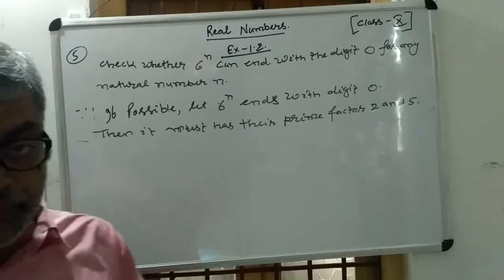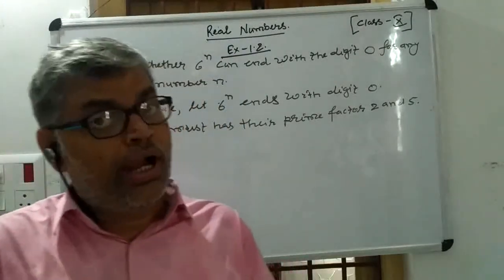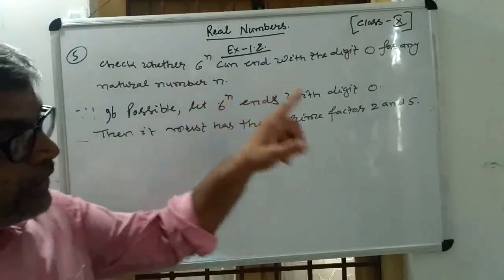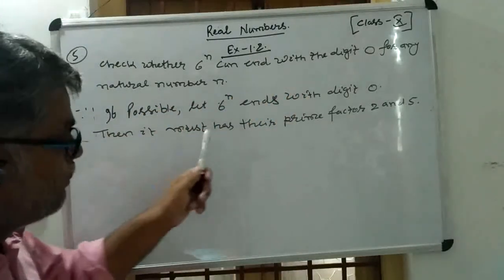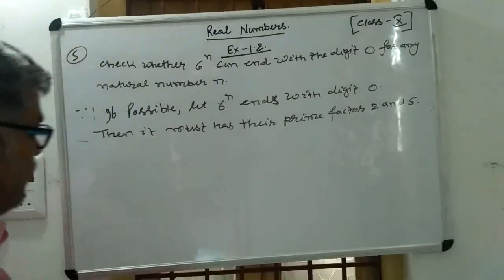A number ending with 0 is clearly divisible by 2 and 5 both. So when 6 to the power n ends with the digit 0, then it must have the prime factors 2 and 5.